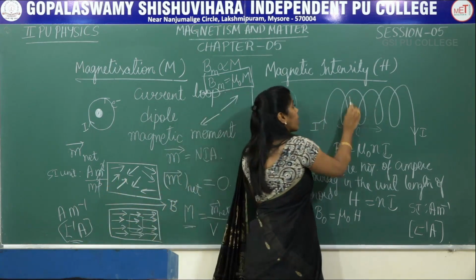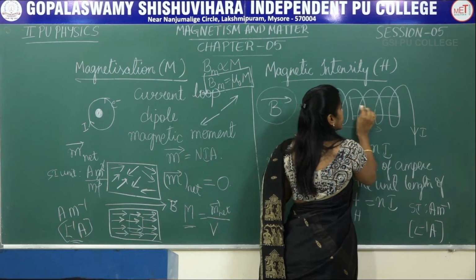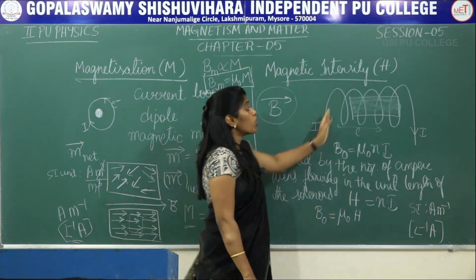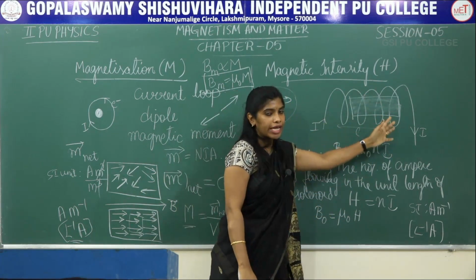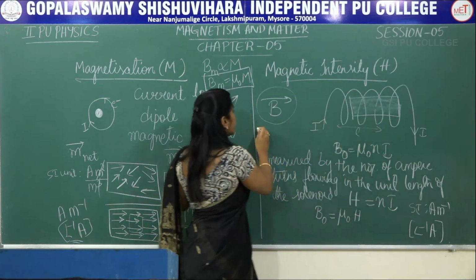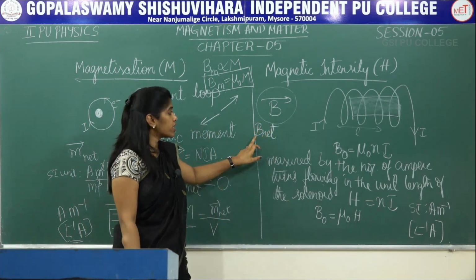So next when I place it inside this solenoid, it gets magnetized. The material will be magnetized. So whatever the magnetic field of this material is, it is taken as B net.